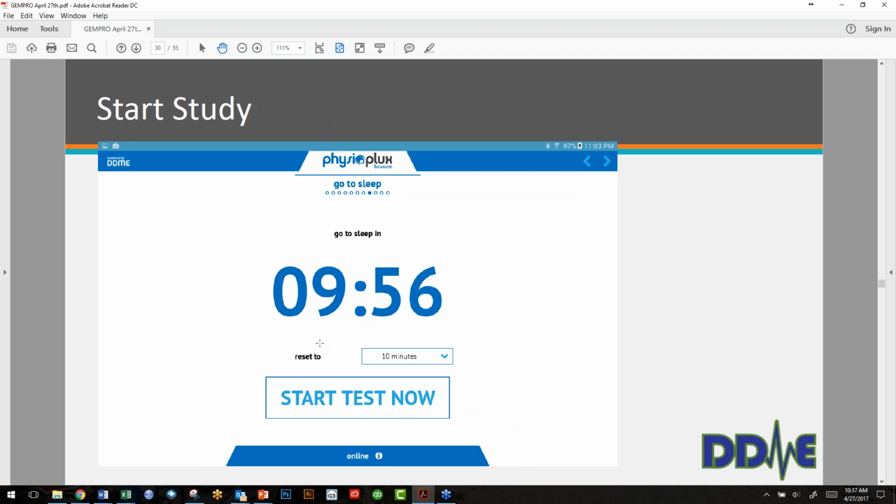Once we're done with the audio calibration, then you're ready to start the test. By default, the timer is set to 10 minutes. You can start the test immediately if you like, or you can set it to 30 minutes if you're a person that takes a long time to fall asleep.